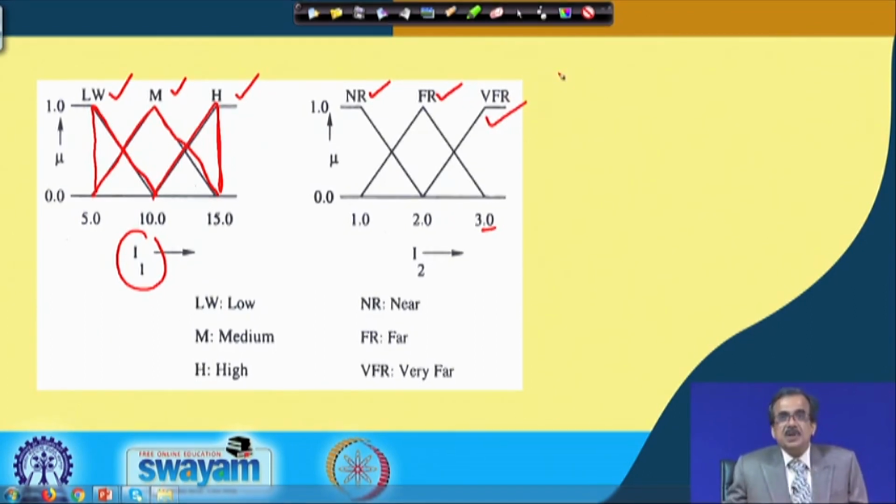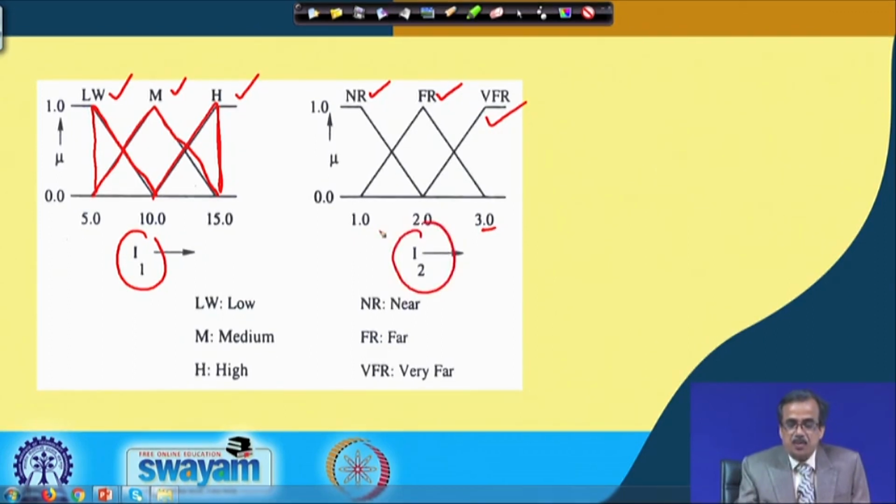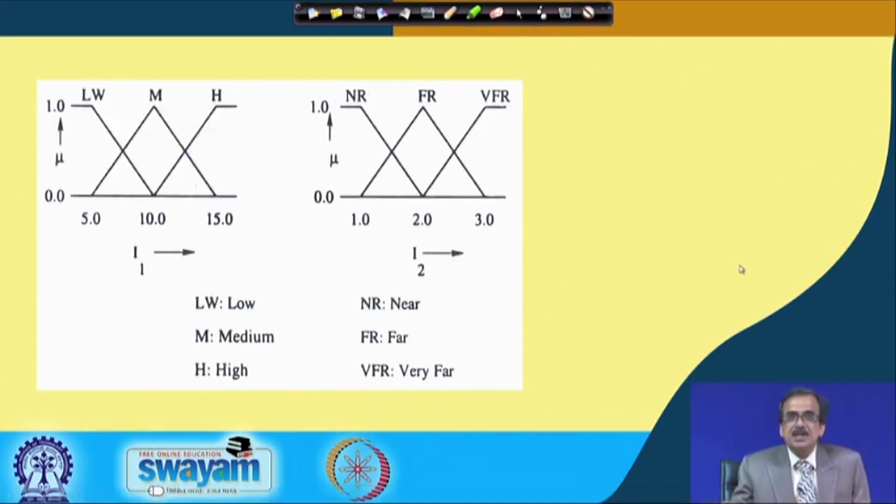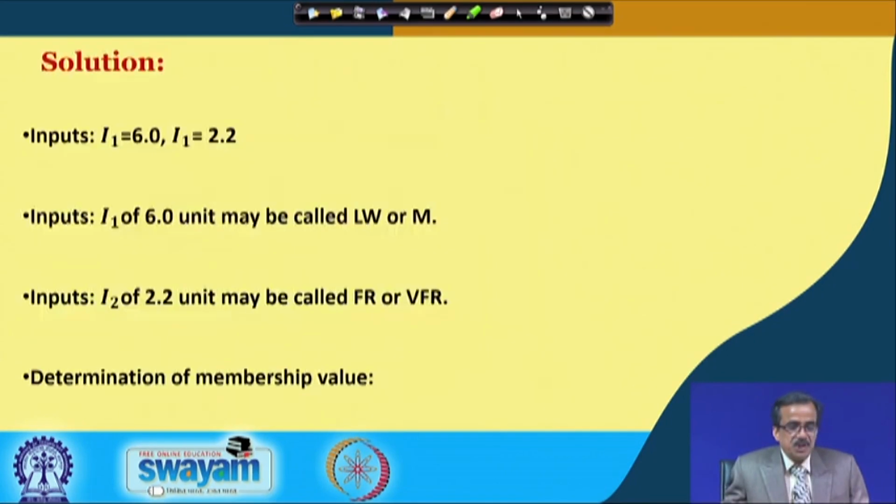So, using the 3 linguistic terms, we can represent the input variables I 1 and I 2. And once you have got this representation for the inputs, that is nothing but the database. So, now we are in a position to find out what should be the output for the set of inputs.